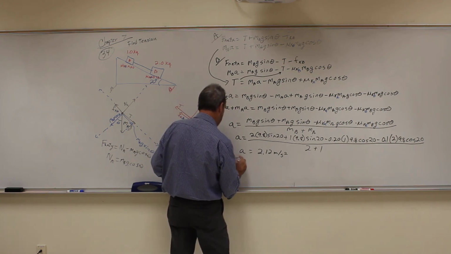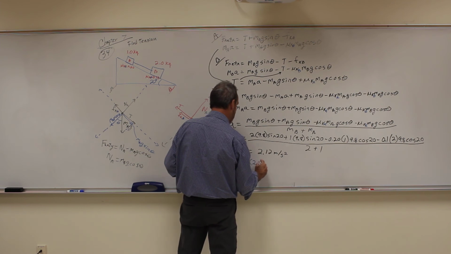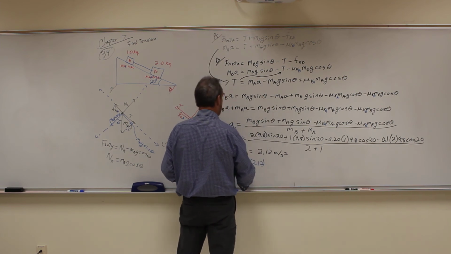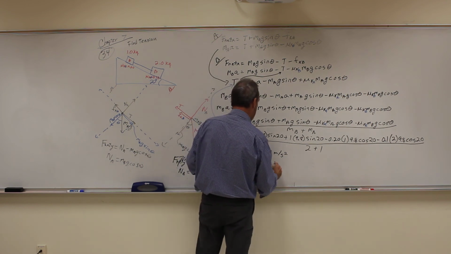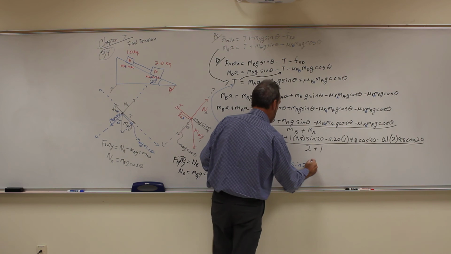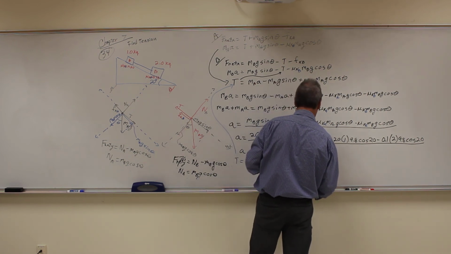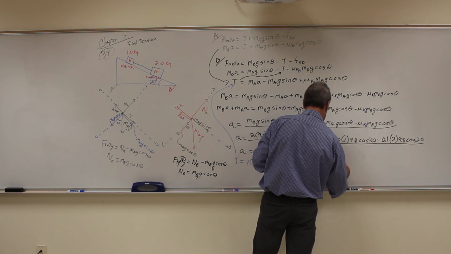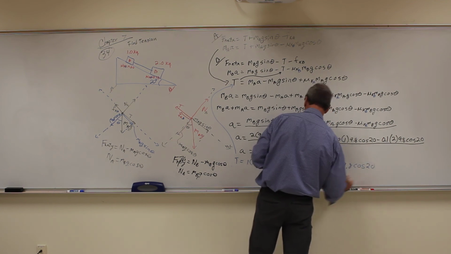T then is equal to m_A, which is 1 times 2.12, minus, so if you're lost, this is coming from here, minus 1 times 9.8 times the sine of 20, plus mu sub Ka, which is 0.2 times 1 times 9.8 times the cosine of 20.